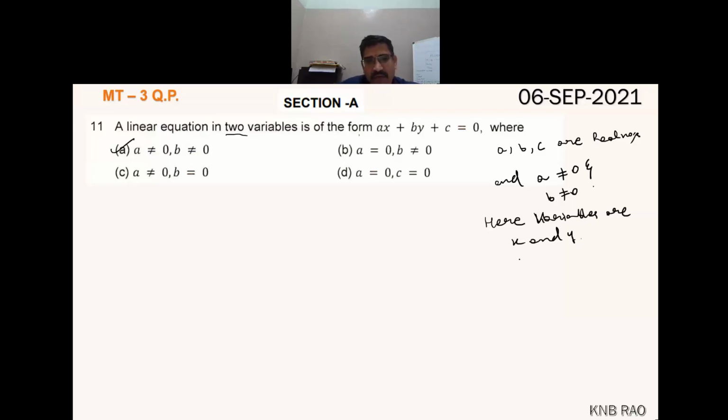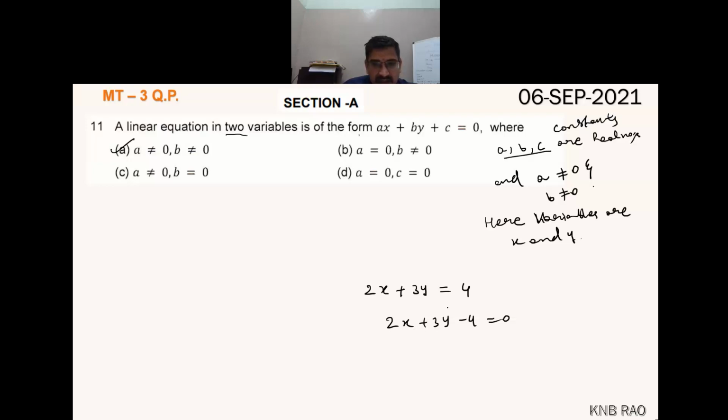Remember, these are constants. Constants means they will give you like 2x plus 3y equal to 4. 2x plus 3y minus 4 equals to 0 is a linear equation in two variables where the variables x and y will keep different values. They'll have different values changing.